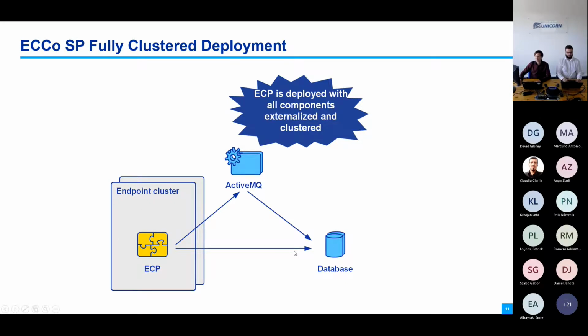Then, as I mentioned, you can have the database installed in a cluster, and if needed, you can even have the ActiveMQ, which is responsible for the messaging, in an external cluster. Today, we will demonstrate this application cluster, because the database and ActiveMQ platforms are out of the scope for the ECCo.